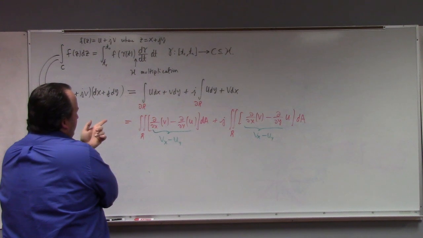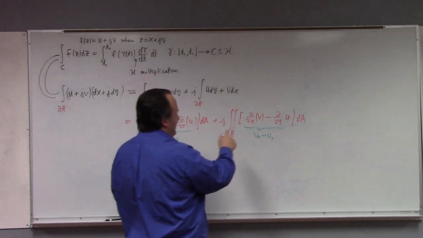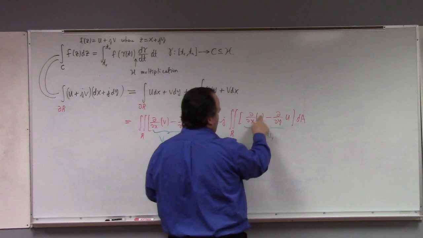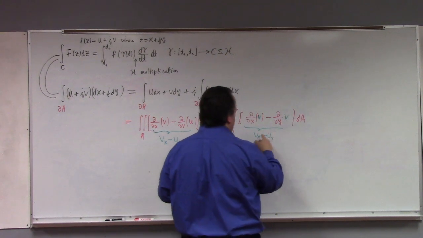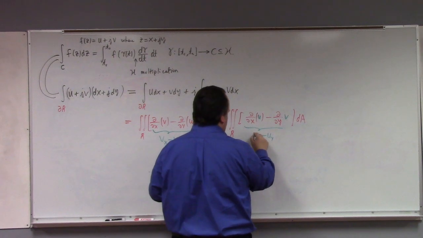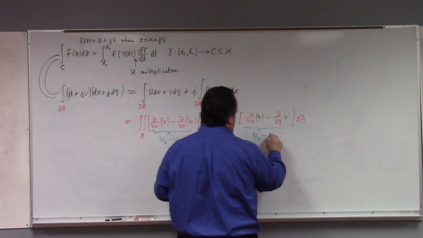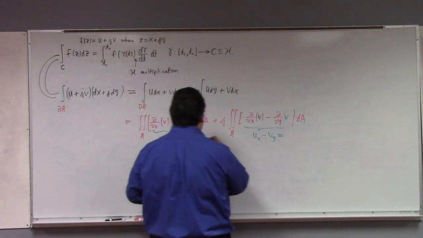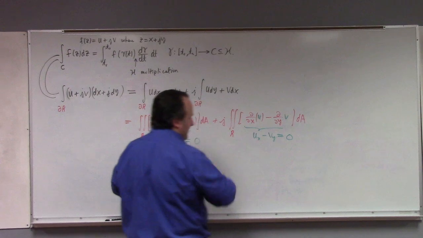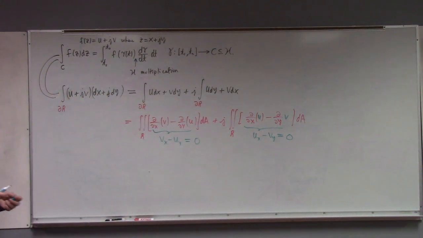I said the x derivative of the y component, but I didn't pay attention to the details. So that's supposed to be a u, and that's supposed to be a v. It should involve both. So yeah, this is ux, that's vy. But these are both 0 because those are the hyperbolic Cauchy-Riemann equations.